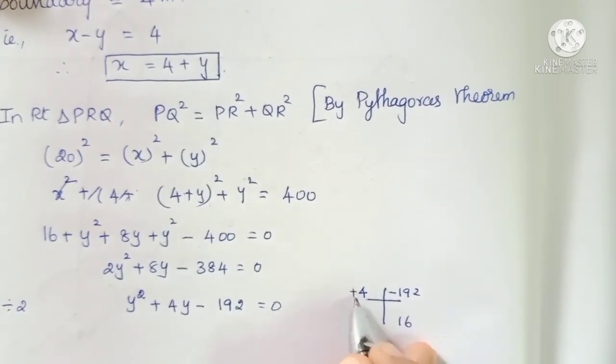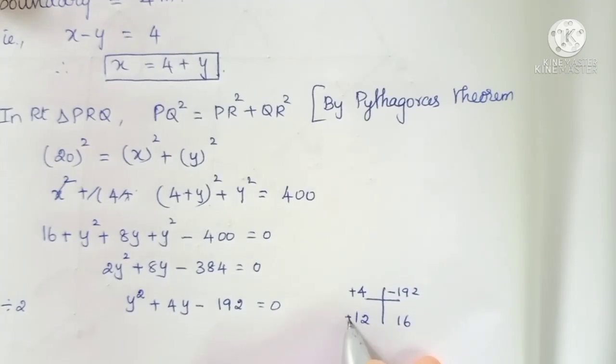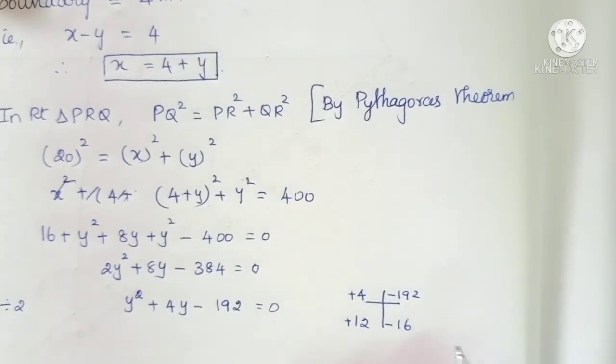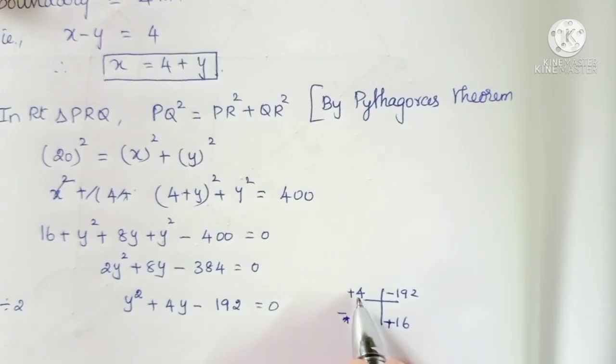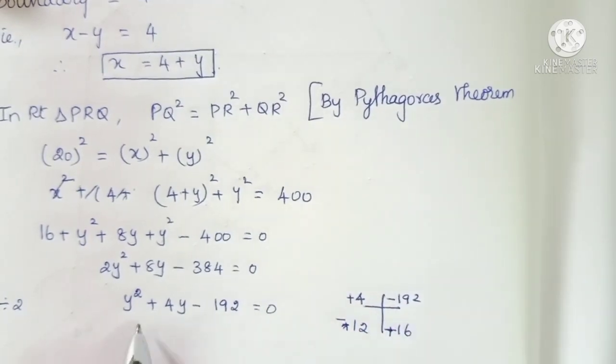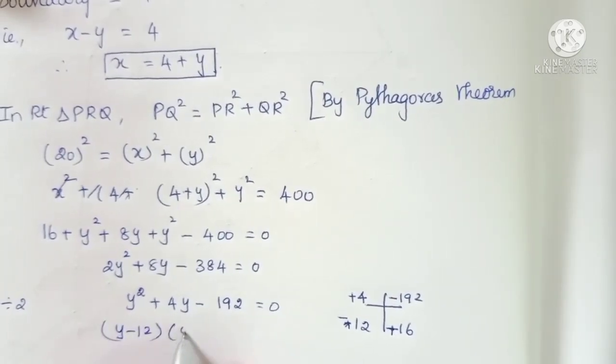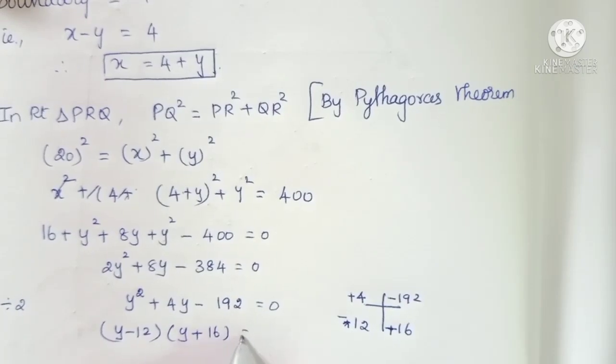Here plus 4 has come, so I am going to take plus 12 and minus 16, or minus 12 and plus 16. Then only you can get plus 4 here and minus 192 here. If you add the two, plus 4 comes. If you multiply these two numbers, minus 192. So the equation we can write as y minus 12 into y plus 16 equal to 0.